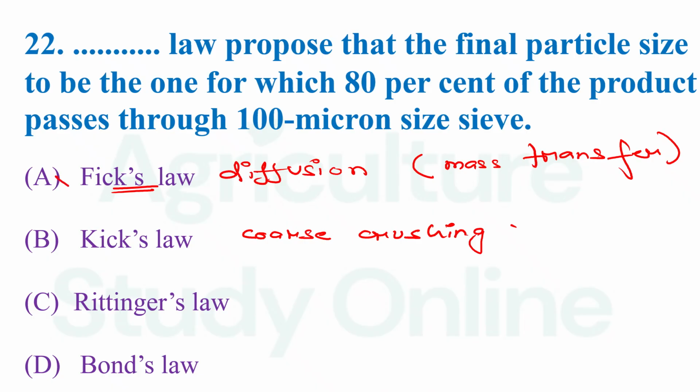Rittinger's law is used for fine grinding. And Bond's law is used for intermediate grinding.